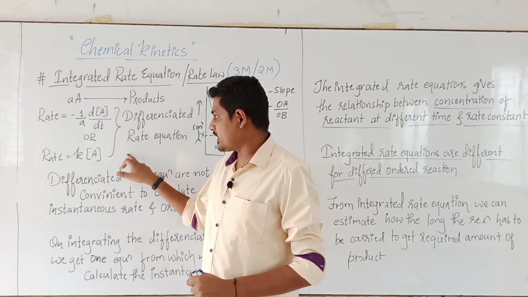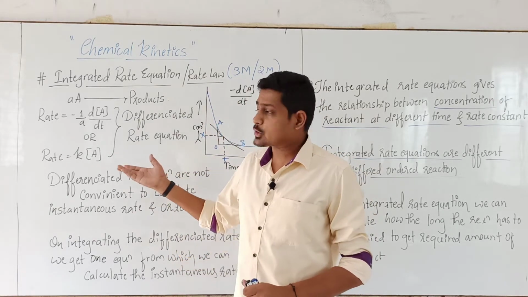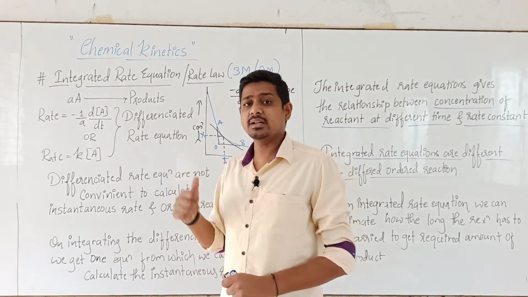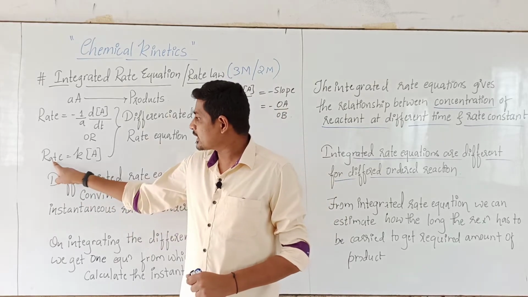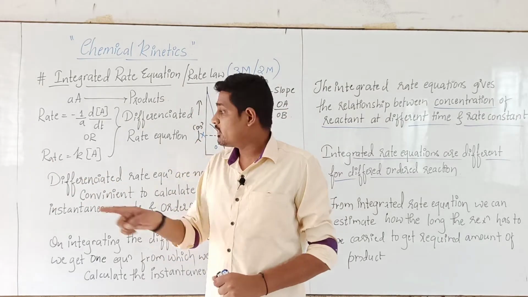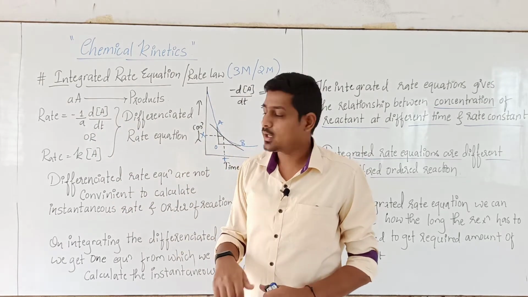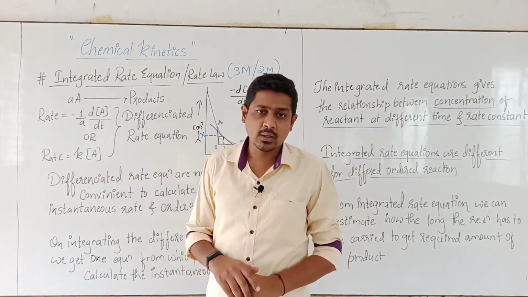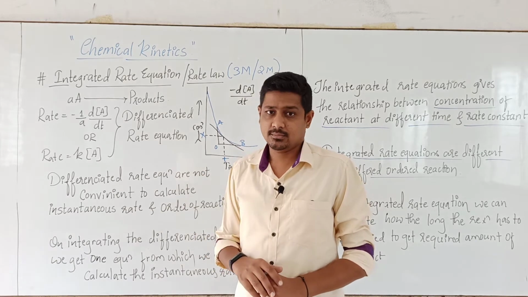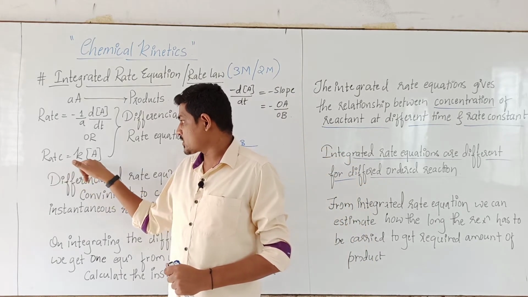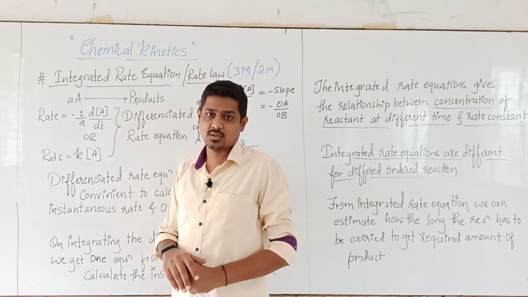Now the next equation also expresses the rate for this reaction. But here it expresses how the rate of the reaction changes when the concentration of the reactant changes. From this equation you cannot calculate the instantaneous rate. You can just calculate the effect of the concentration of reactant on the rate of reaction.